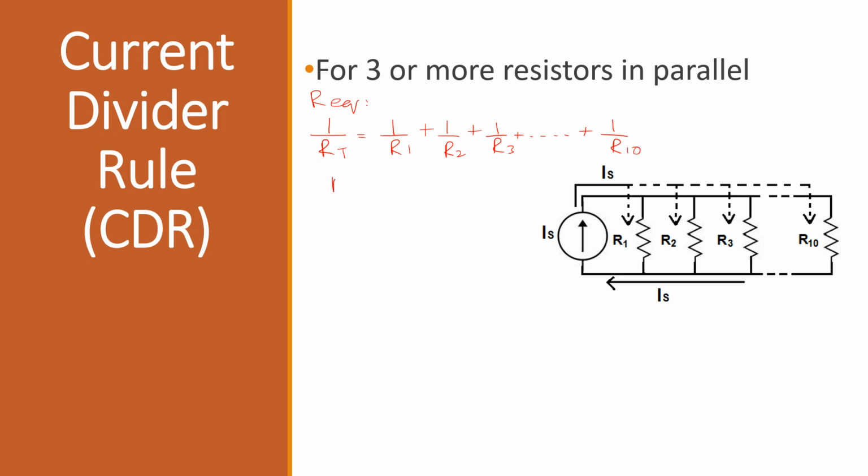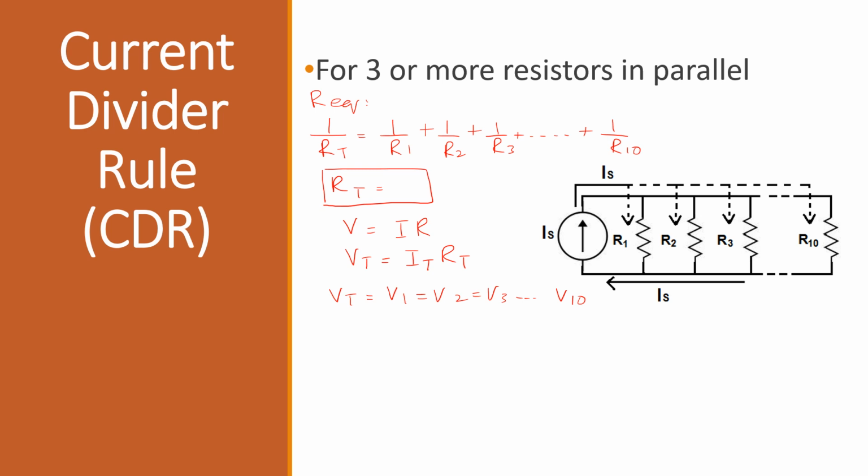Now after solving, we'll get the value of R equivalent. Now again from Ohm's law we know that V is equal to IR. Therefore Vt is equal to IT RT. Now we know that in a parallel circuit voltage remains the same. It means Vt is equal to V1 is equal to V2 is equal to V3 till V10.